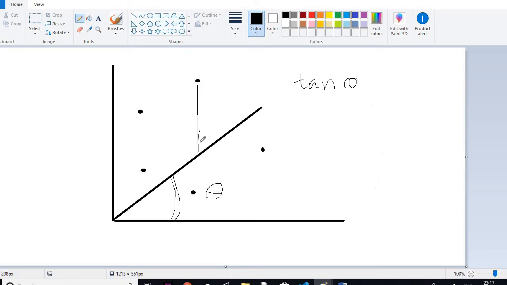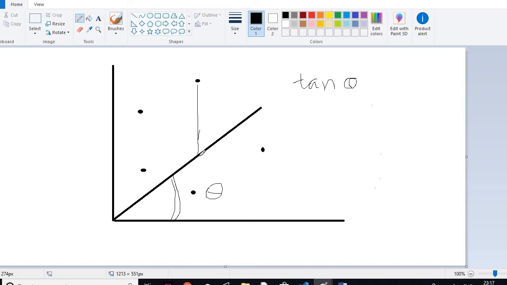See, this is the error. The dot represents the actual value, and in this model, this is the predicted value. That difference we call error.